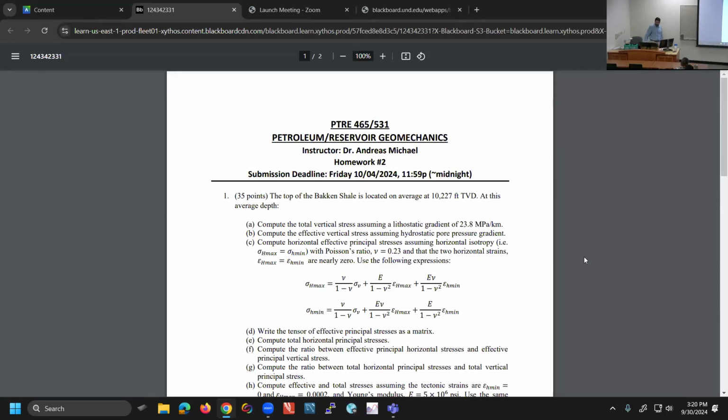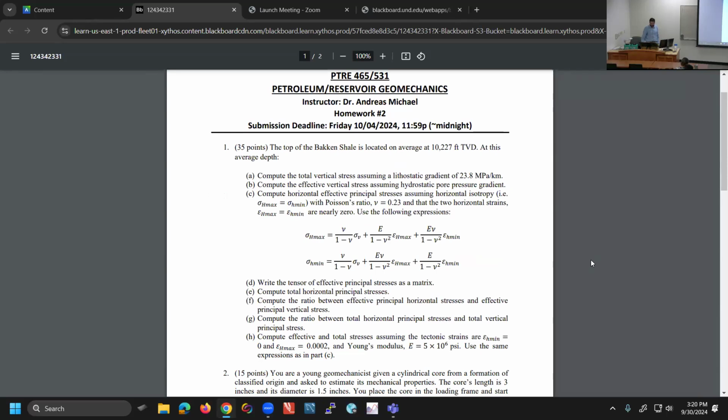For 35 points, the top of the Bakken Shale is located on average at 10,227 feet TVD. At this average depth, compute the total vertical stress, assuming a lithostatic gradient of 23.8 MPa per kilometer. Easy. Here, total is an important word.